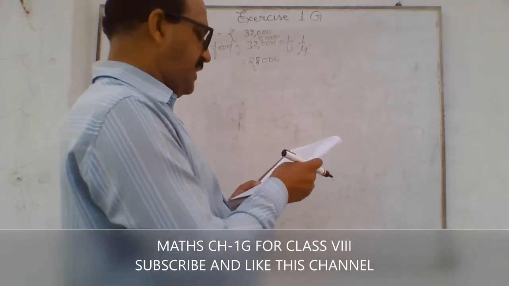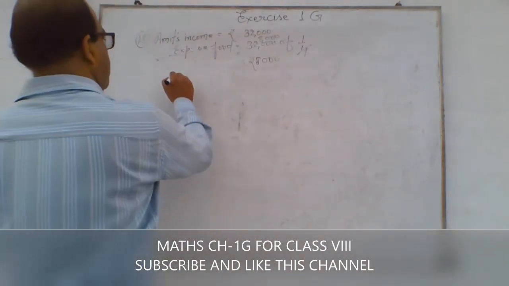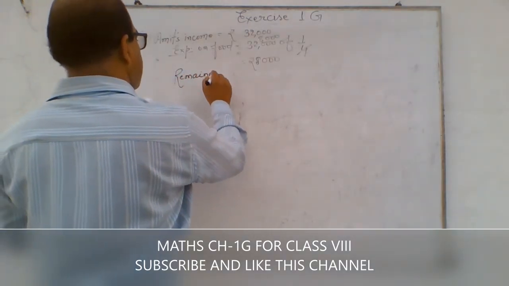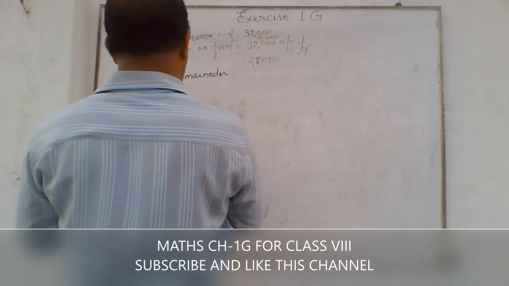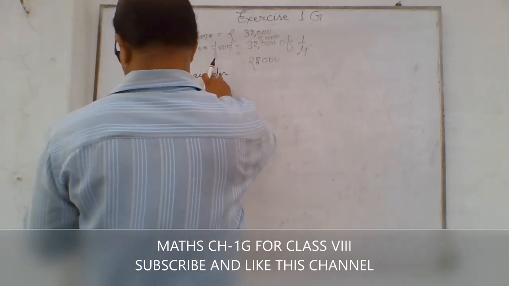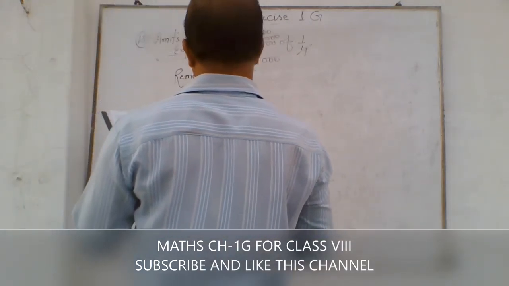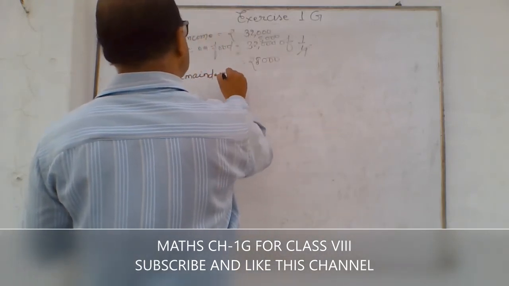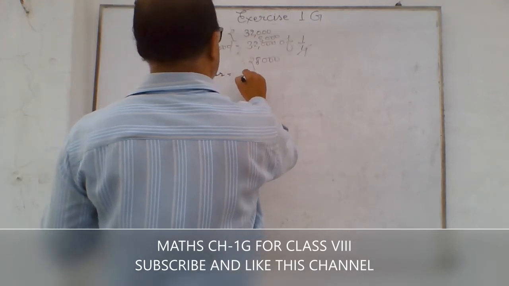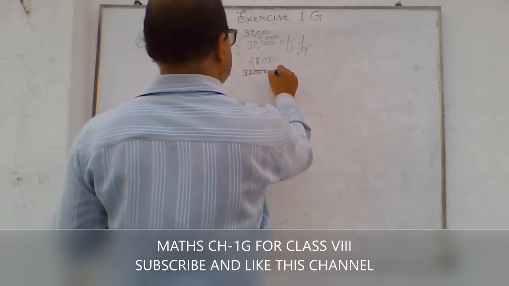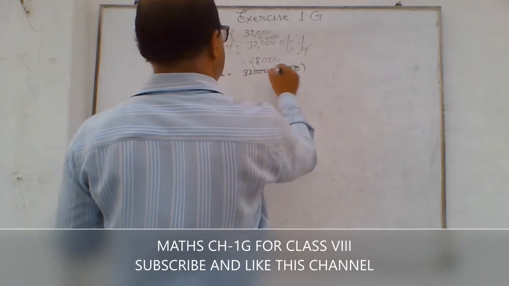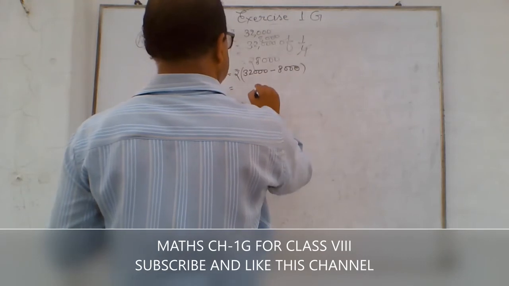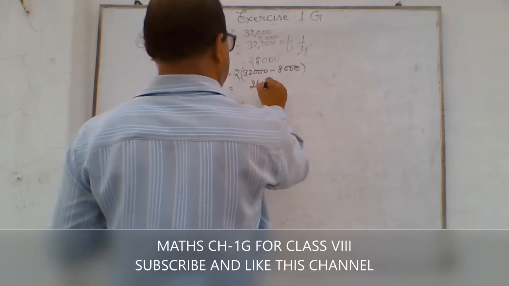3 by 10th of the remainder. Remainder amount is equal to 32,000 minus 8,000, that is 24,000.